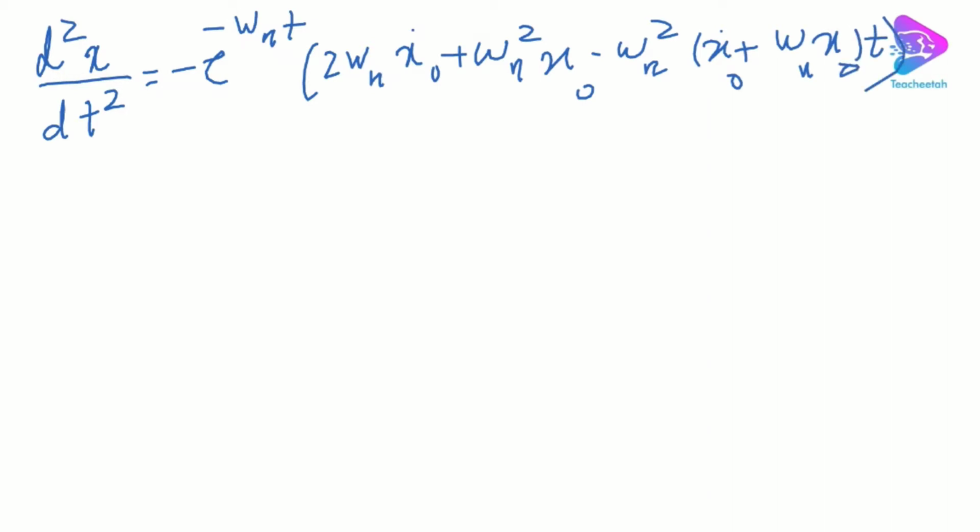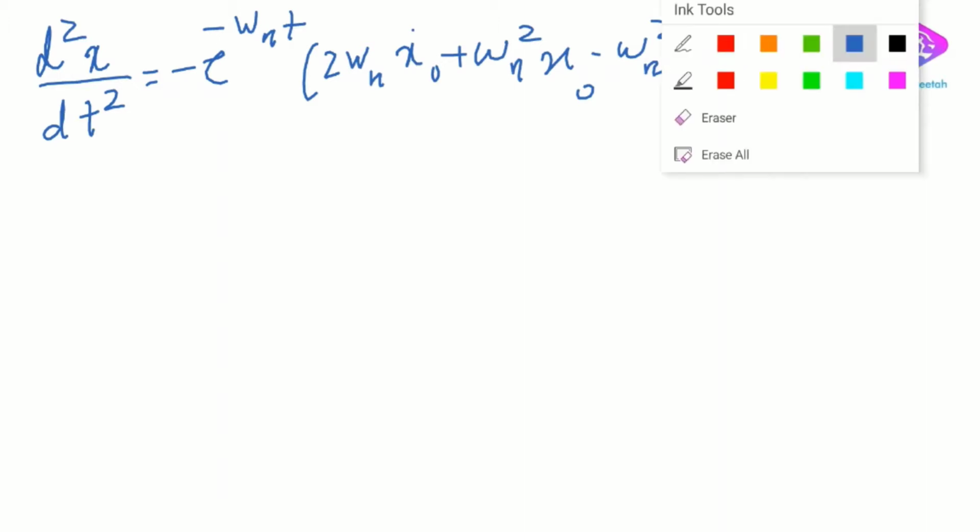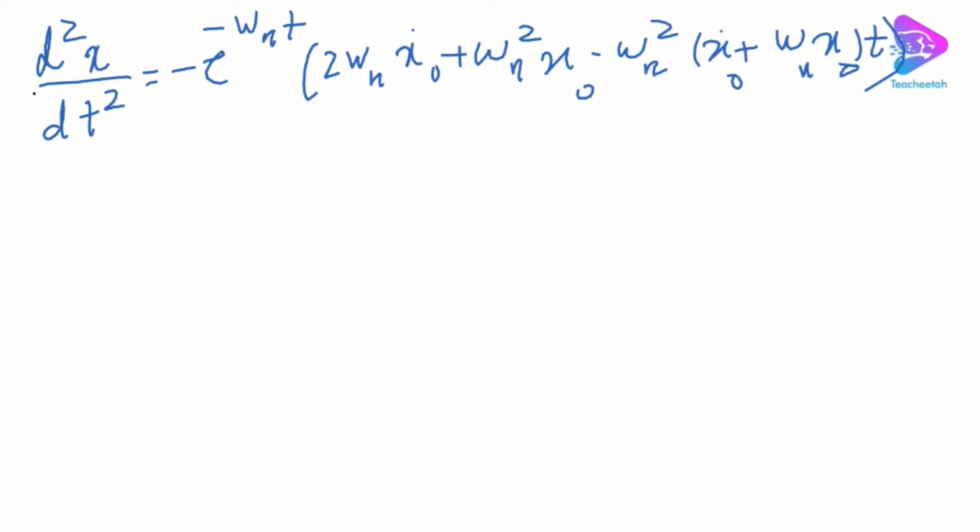So we found the second derivative, and now we need to plug t equals tm into the above equation. So let me just use another color. In this equation, we set t equal to tm.